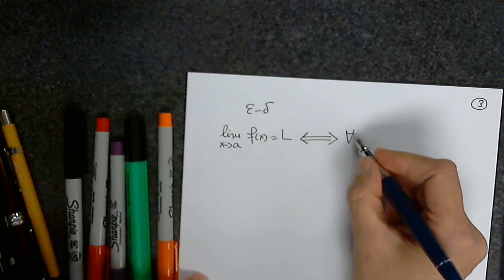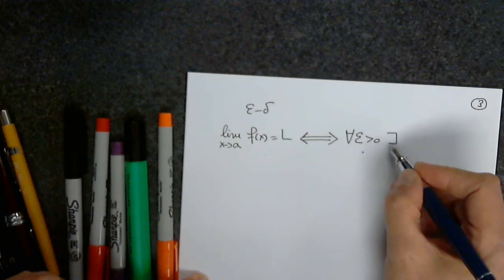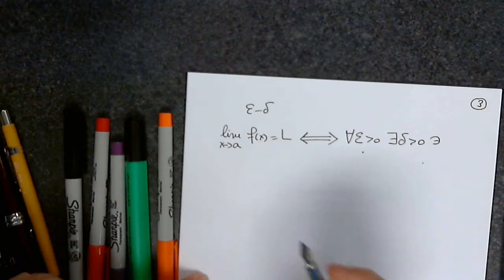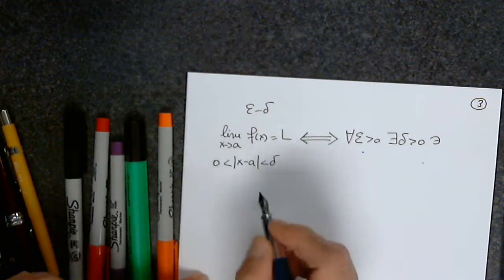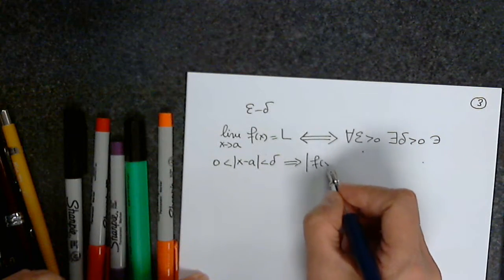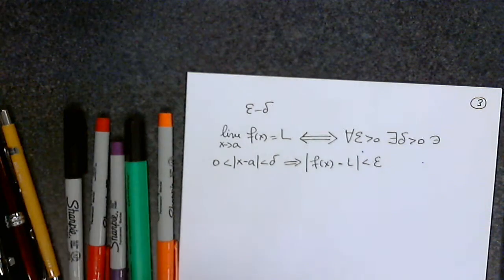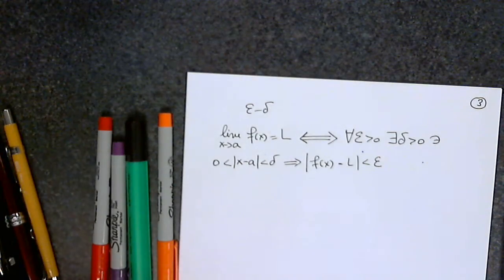For each and every, any epsilon positive, I will find a delta positive such that 0 less than |x minus a| less than delta, I'll explain and put it in words again if you want to, will ensure this. So let's take each symbol by itself so we know and understand these symbols.